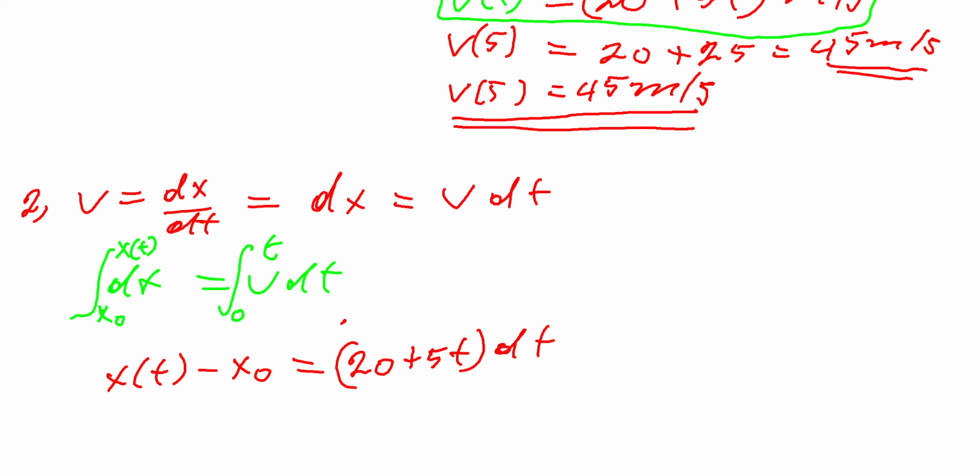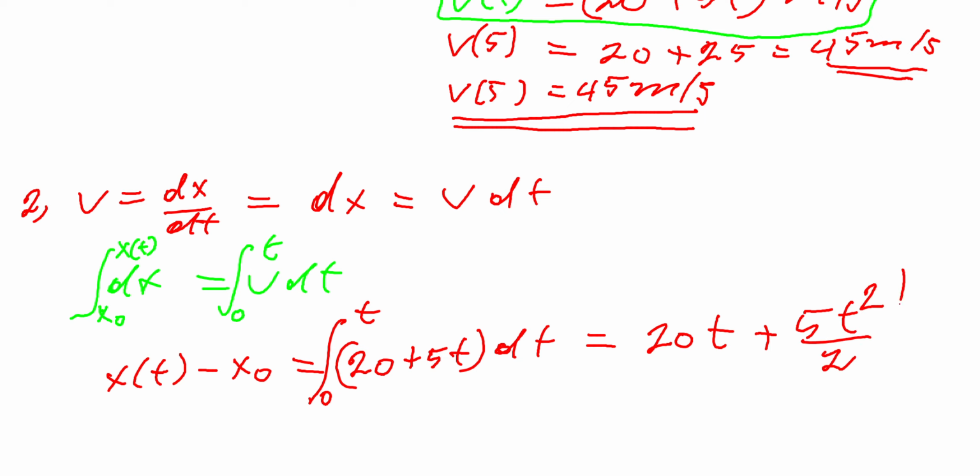So when we integrate it from time 0 to t, the result will be 20t plus 5t squared over 2. Our limit of integration is from 0 to t.